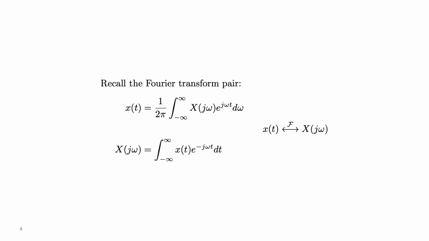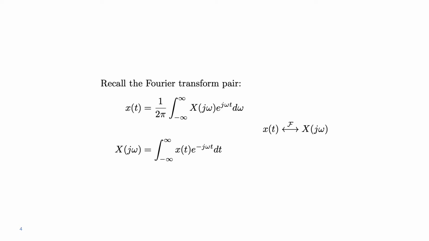We can also regard this as the anti-Fourier transform, meaning that we recover x of t from its Fourier transform x of j omega. And the way to calculate x of j omega from x of t is the integral below, given by the integral between minus infinity and infinity of x of t e^(-j omega t) dt, right?